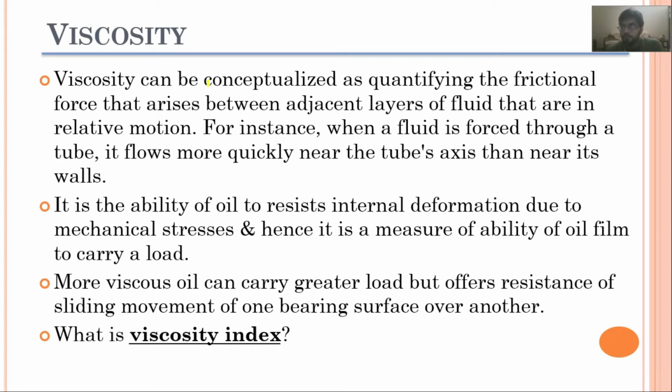That viscosity is basically the resistance which is being offered by the fluid against the flow. It can be conceptualized as the quantifying value of the frictional forces which basically arises between the two adjacent layers of the fluid that are in relative motion against each other.